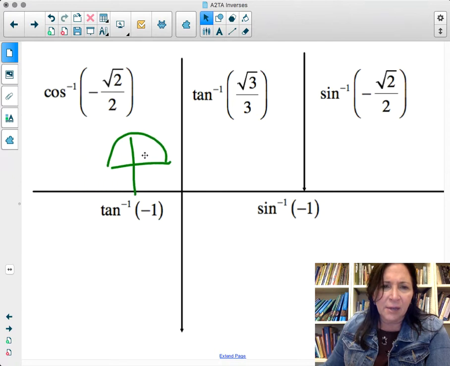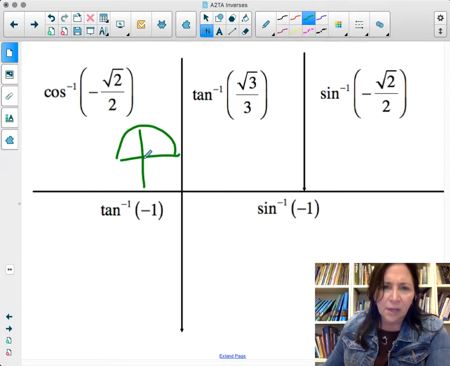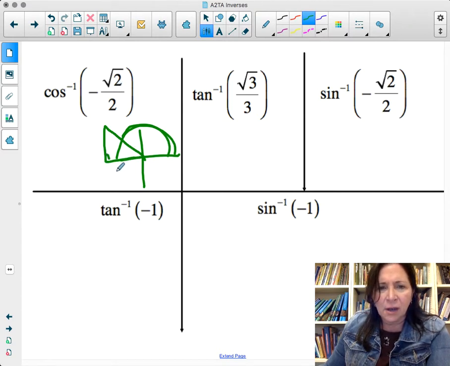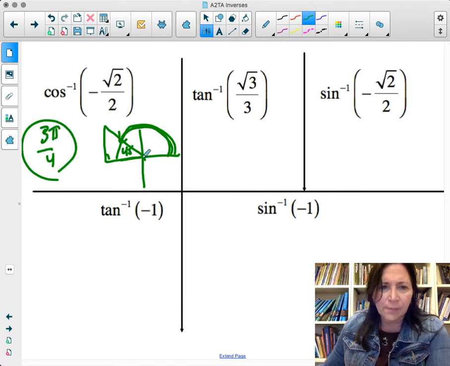Because it's negative, it's going to be in the second quadrant, which means that it'll be over here. So we're going to draw a little triangle here. Cosine is adjacent over hypotenuse. So we know that's a 45-degree reference, okay? And so because it's negative, and this is from here to here, that area is going to be 3 pi over 4.